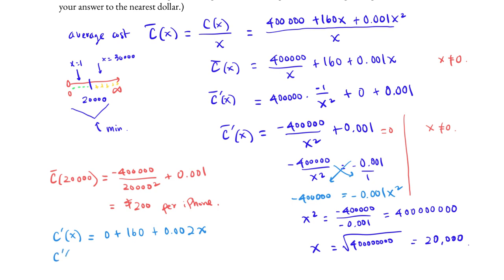We plug in 20,000 units into this marginal cost to get 160 plus 0.002 times 20,000, and this will give us $200. What this means is that at the optimal production level, the average cost is the same as the marginal cost, and that is $200 per iPhone.